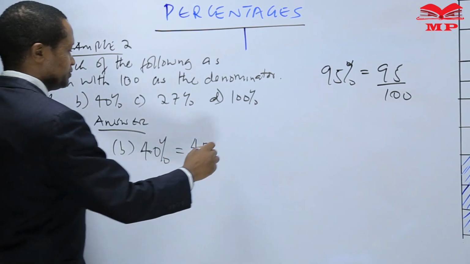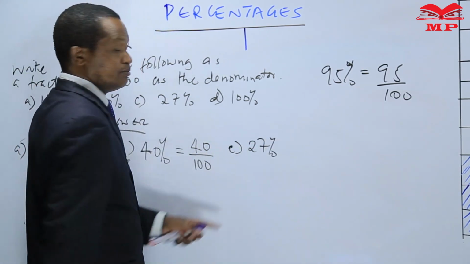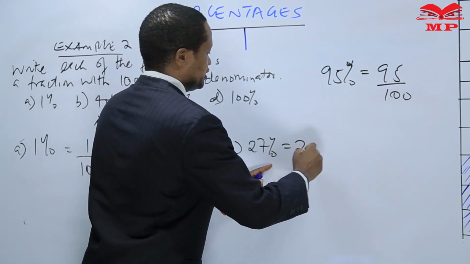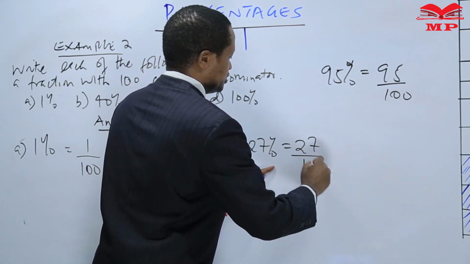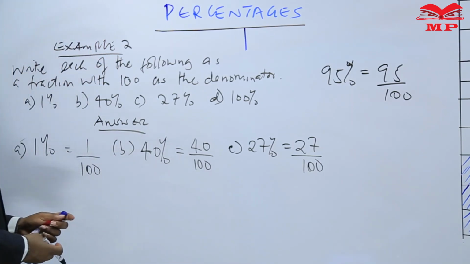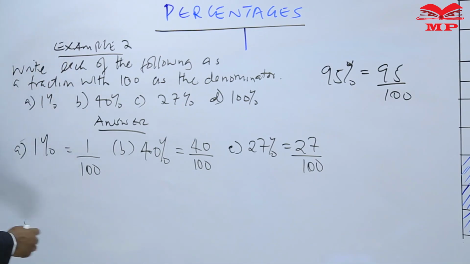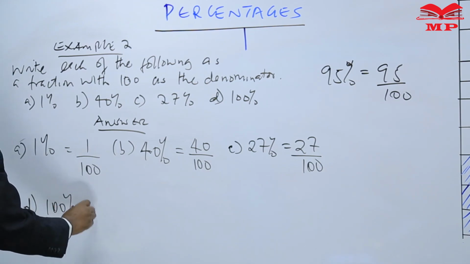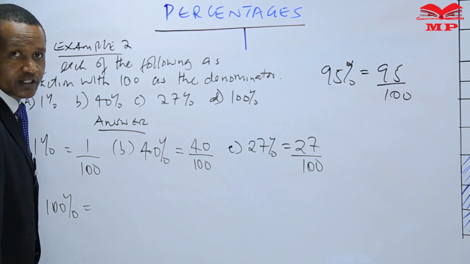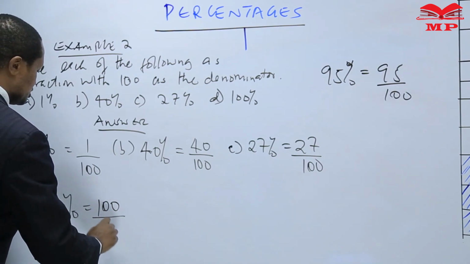Then C is 27%, which means 27 over 100. Then we have 100%, that is D. 100% means 100 over 100.